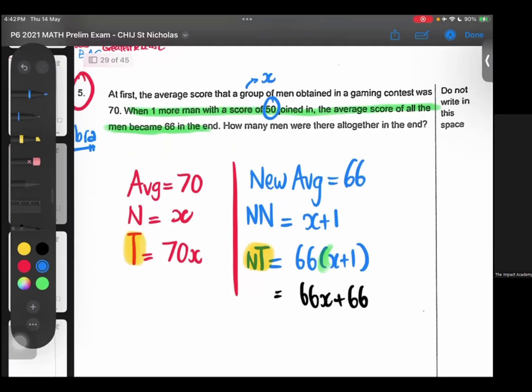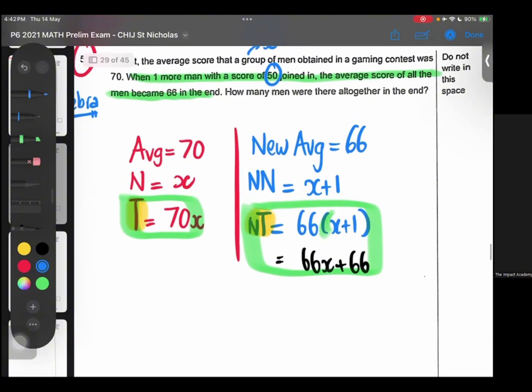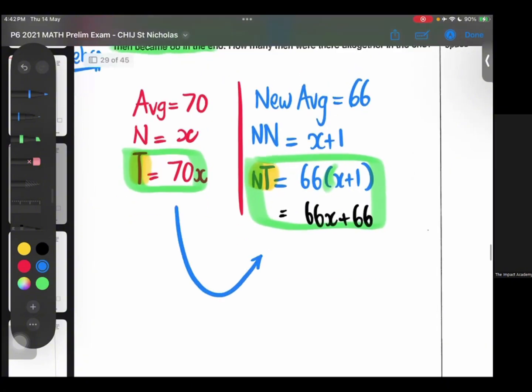So now my question to you is, how can I form an equation? What's the equation that I can form? In terms of my total, I'm going to compare this to this. I realize that one of them has to be more or less? We don't know, right? But I know that what caused this to jump to here is that 50.